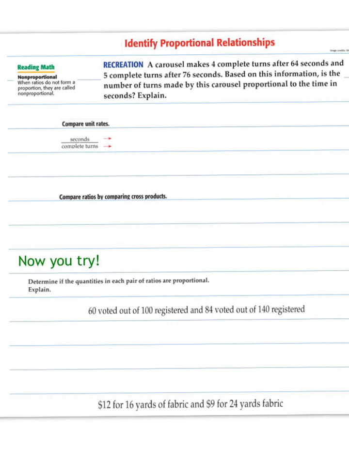We are going to compare the rates, seconds over complete turns. Our first one is 64 seconds over 4 turns, and we are trying to see if this is equal to 76 seconds over 5 turns.